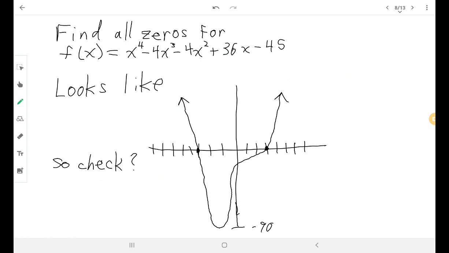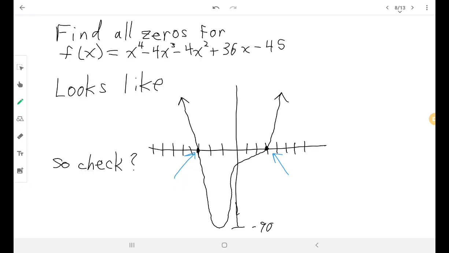However, we have an advantage here. The advantage is that I've got two probable zeros spotted because they've already given me the graph. This is the way that they do it in Edgenuity on this one. They give you the graph for this particular problem so that you have a little more to work with.